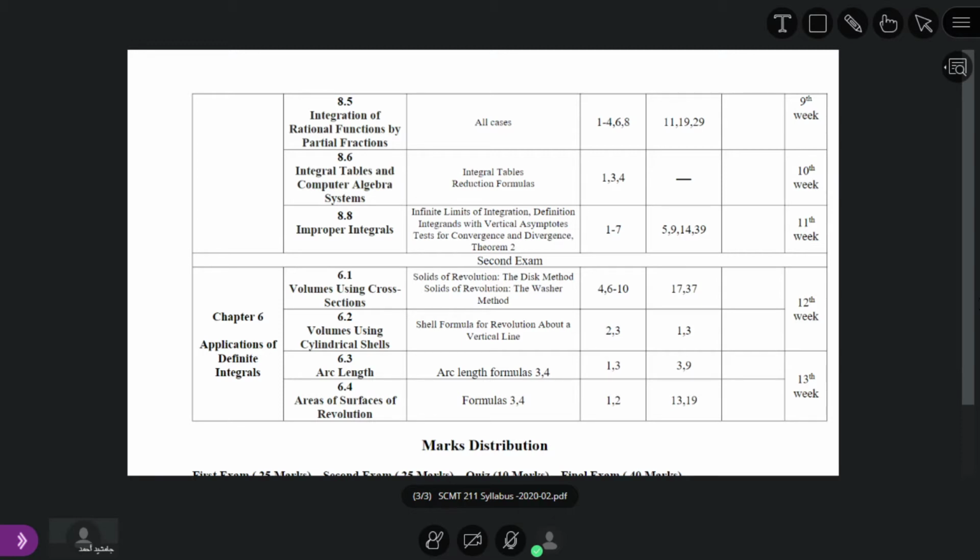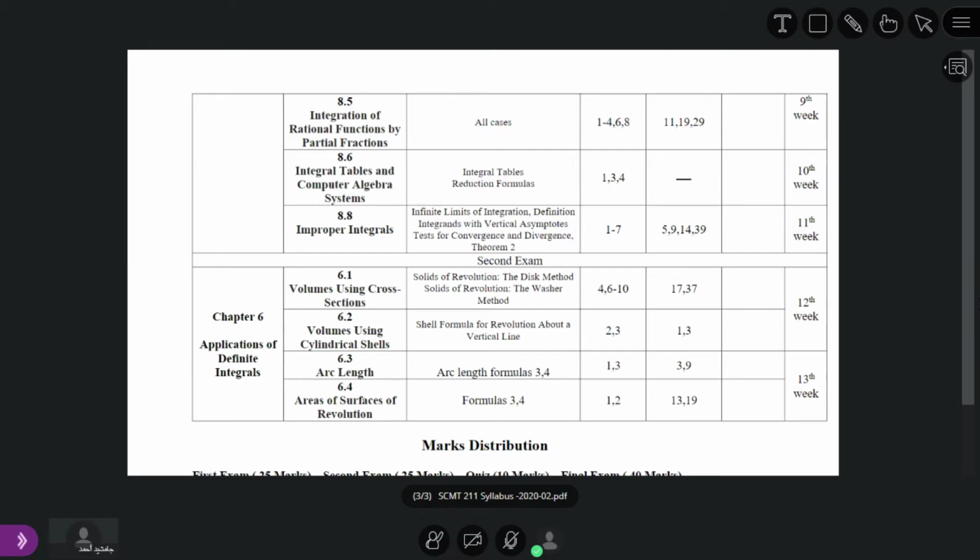And we will have four different combinations. It means in the denominator we have linear, square of the linear, quadratic, and square of the quadratic. So in 8.5 we will solve these four different types of questions.